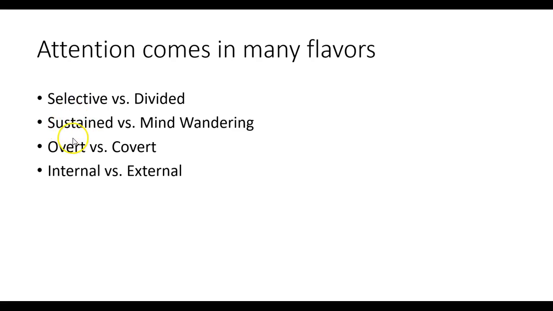But as you probably experienced, it's hard to maintain your attention for long periods of time, and eventually your mind starts wandering. Mind wandering is what we typically call daydreaming. And mind wandering isn't unrelated to attention.